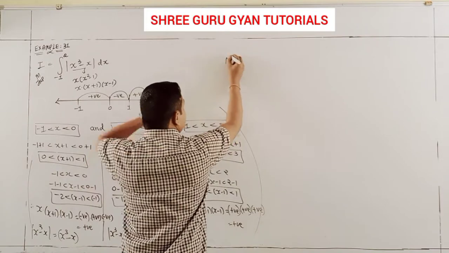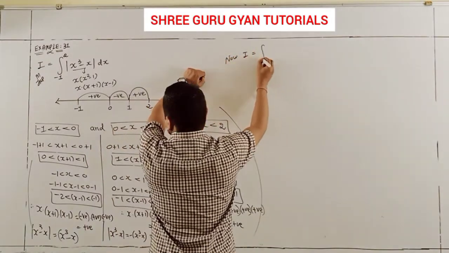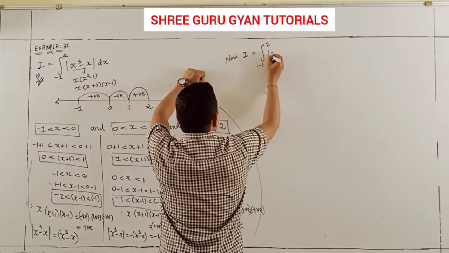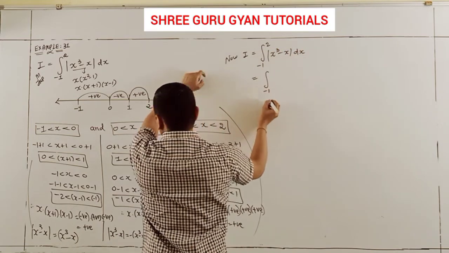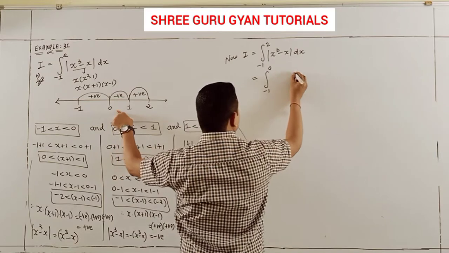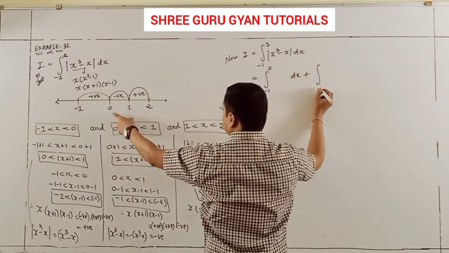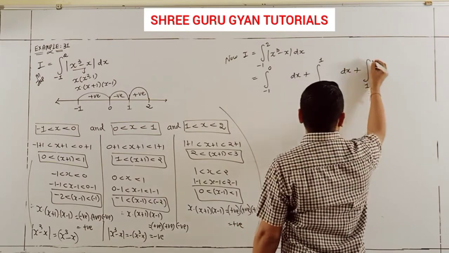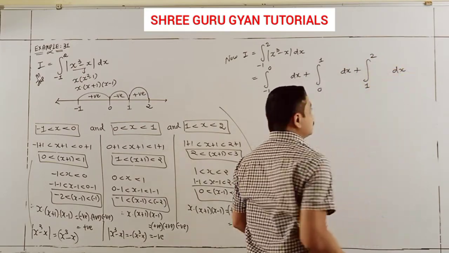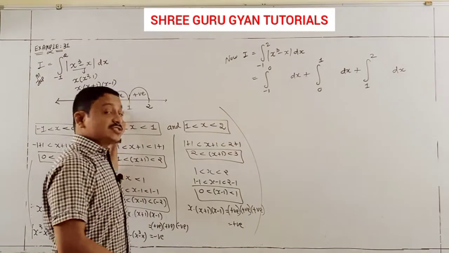Now I start my sum. Integration minus 1 to 2 of x cube minus x dx. First, minus 1 to 0. Second, 0 to 1. Third, 1 to 2. There are 3 total partitions.